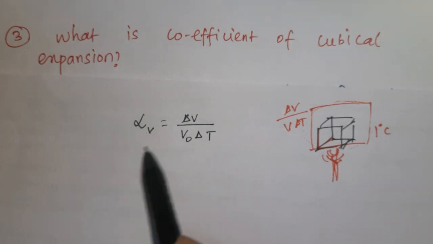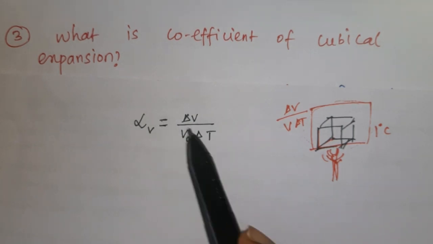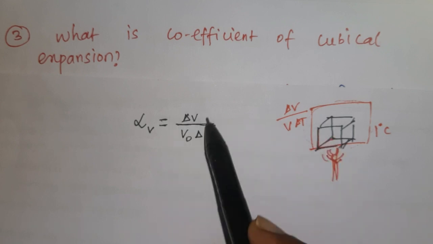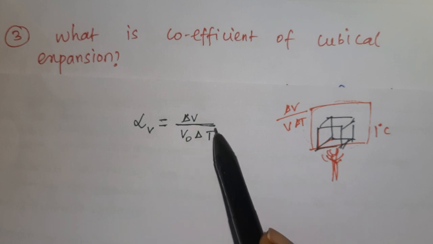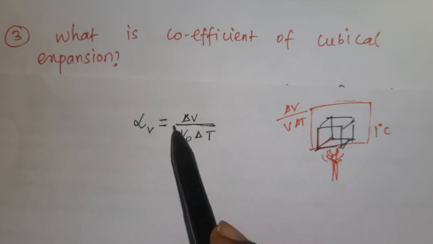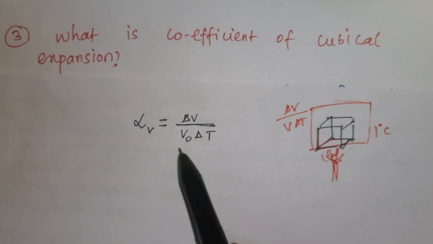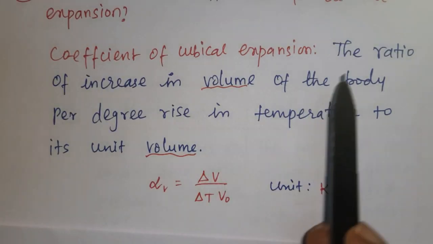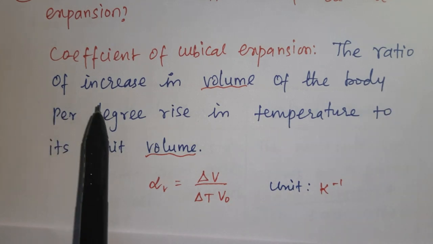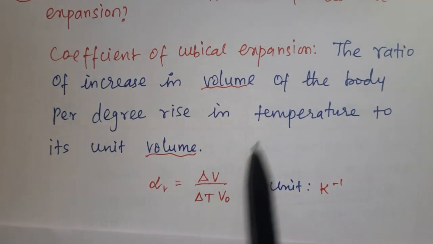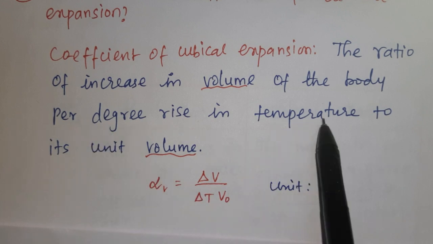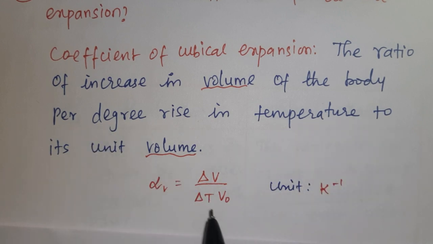By using this formula we can define the coefficient of cubical expansion. The coefficient of cubical expansion is defined as the ratio of increase in volume of the body per degree rise in temperature to its unit volume.